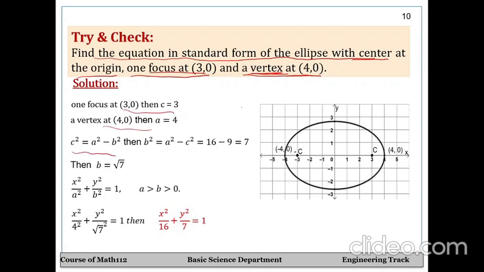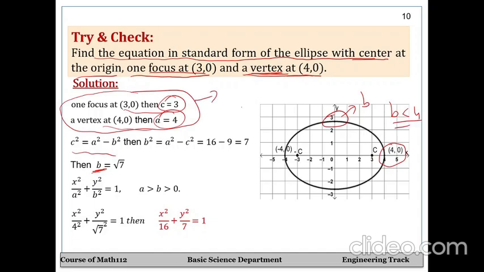Is it A or B, which one is bigger? This is the important part here. So it's better you focus on, after finding C and A, that your B here is definitely less than 4, because this is making the major axis.